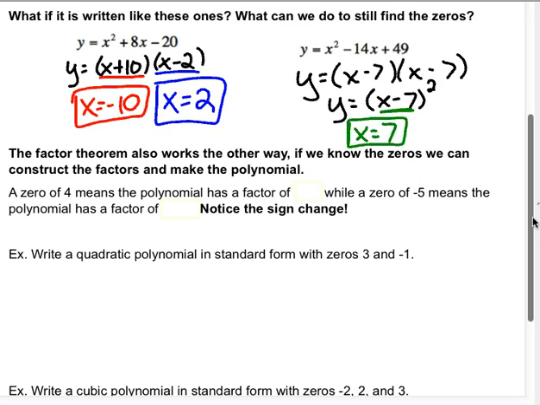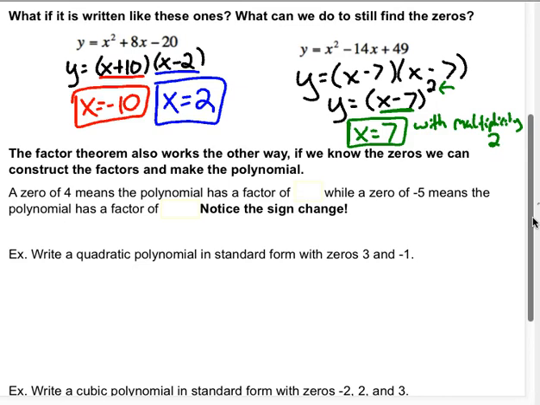Well, the solution would be 7. 7 would make that 0. But notice the exponent. So with multiplicity 2, that solution of 7 would be represented twice in that polynomial, in that quadratic expression.